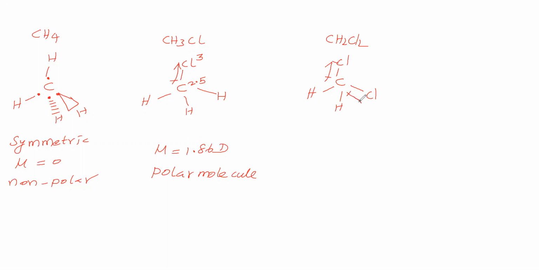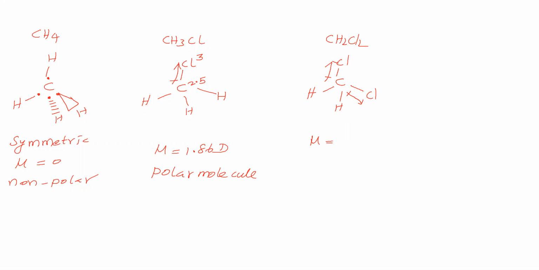Now we have to see the dipole moment of this molecule: whether it is greater than this one or lesser than this one, whether the dipole moment is 0 or non-zero.